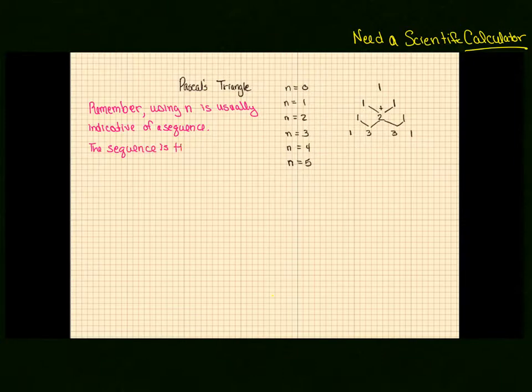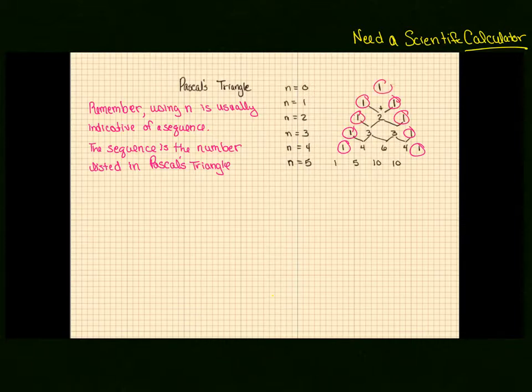My fourth row is 1, and you can see that we basically just keep adding to get the next numbers in the sequence for each row of Pascal's triangle. We always have 1 at the beginning and 1 at the end. So 1, 5, 10, 10, 5, and 1. That's basically how you create Pascal's triangle.